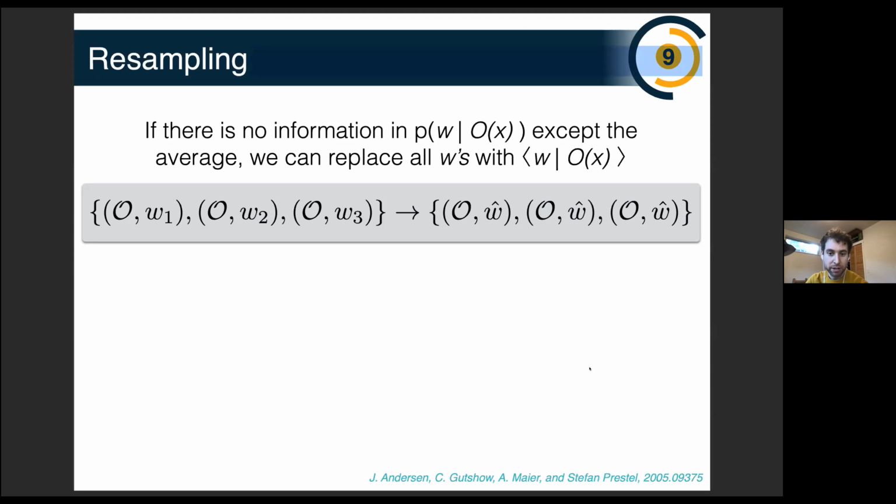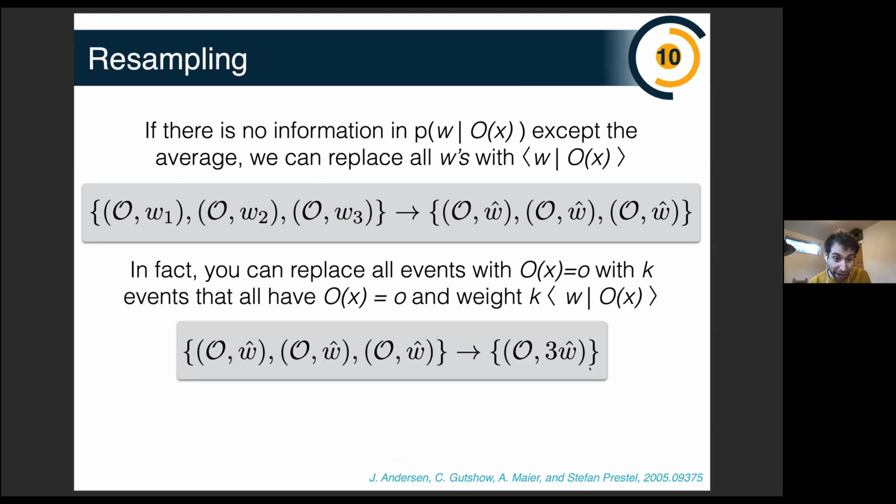The second observation is that you can replace all events with the same value of the observable with some representative events, say k events, that all have that same value, and a weight which is k times the average. In this particular case, imagine you could set k equals 1. You see that the same event is basically repeated 3 times. It's identical.